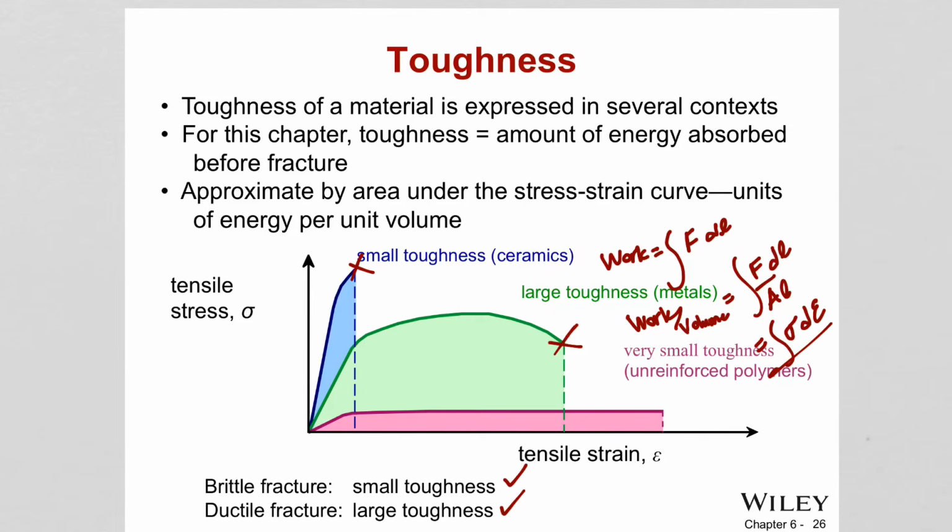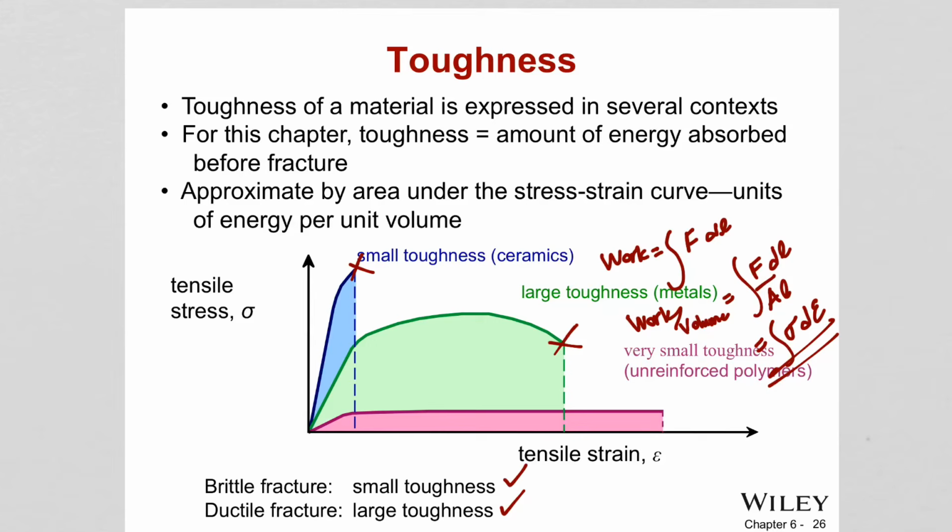So by definition, the energy absorbed per volume is the area under the stress strain curve. And this gives us the toughness, the energy absorption capability of a material.